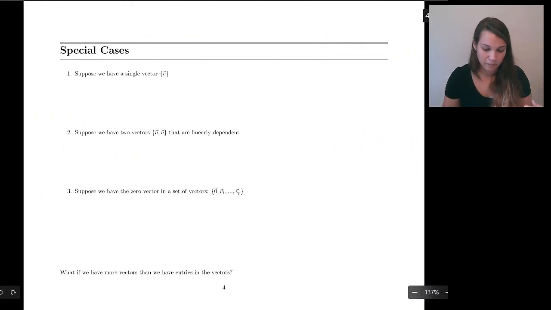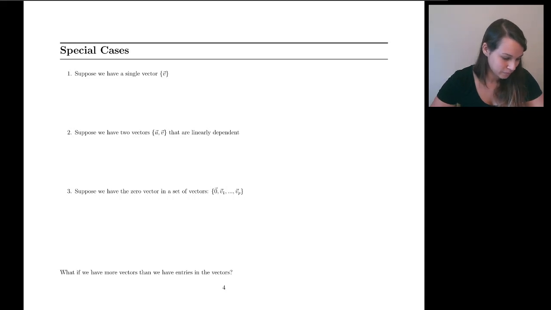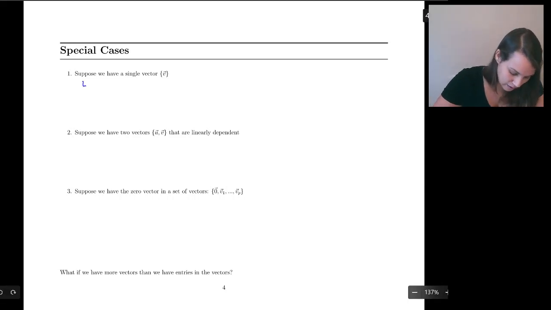So we're going to start talking about some special cases. Suppose that we have only one vector. Is this linearly independent or dependent? Well, linear dependence implies C1 times V equals 0, and C1 is not 0.